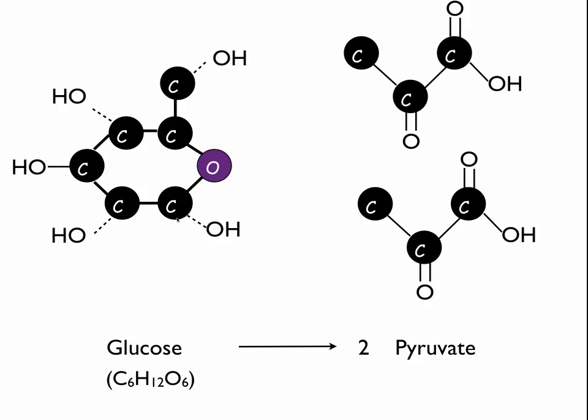I haven't drawn the other hydrogens in here because, remember, carbon forms 4 bonds, so there's a hydrogen on each of these carbons, for simplification purposes. So you've got a molecule of glucose, which is 6 carbons, and through a series of 10 chemical reactions, you end up with 2 3-carbon molecules called pyruvate.